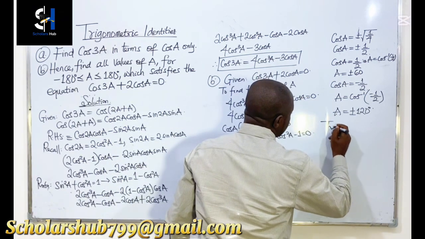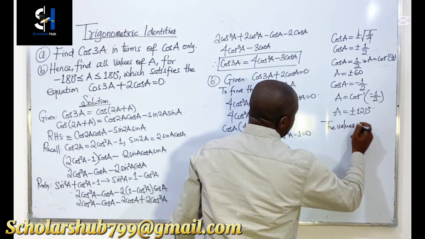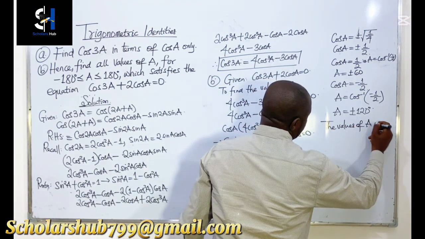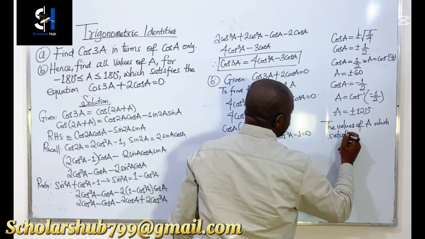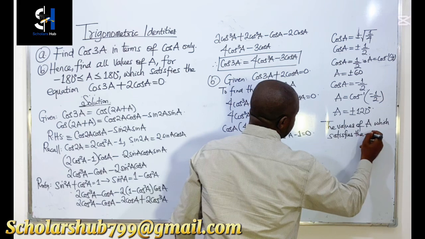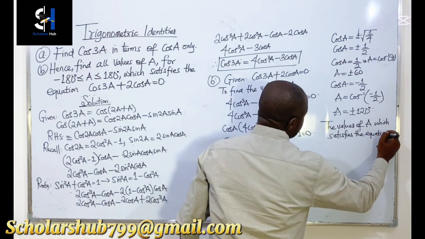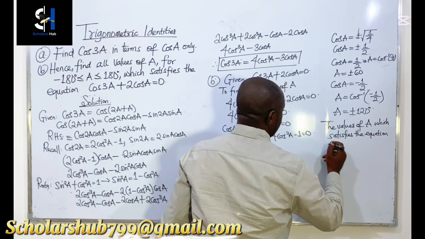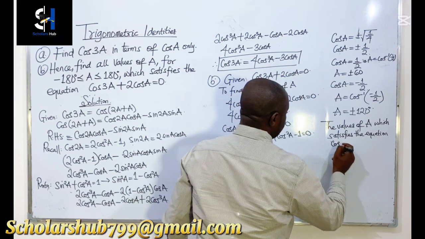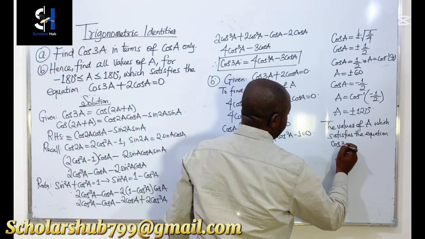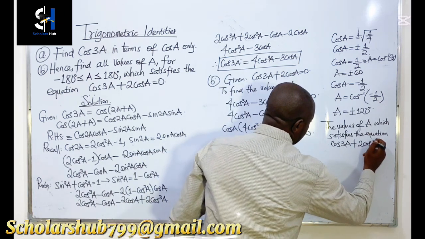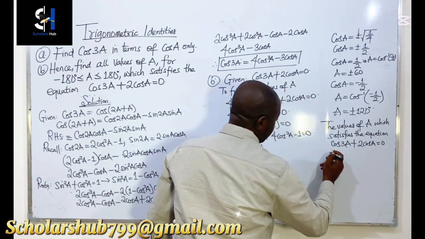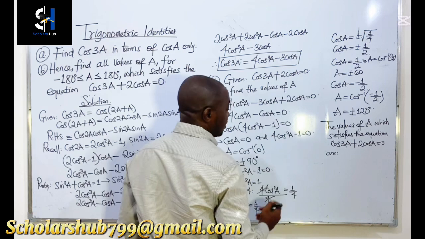So the values of A which satisfy the equation cos3A plus 2 cosA equals 0, let me just write it that way.